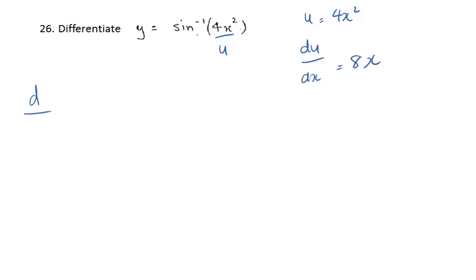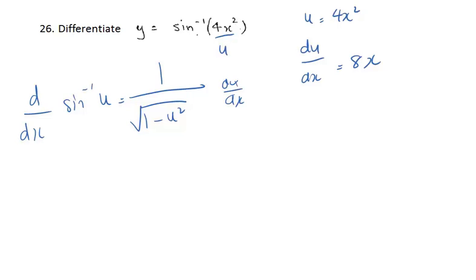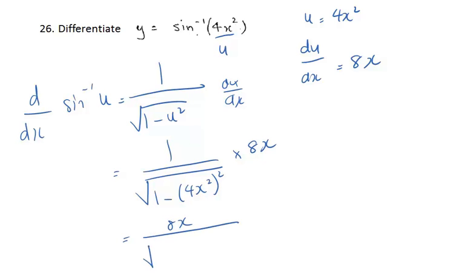So our formula is d on dx of inverse sine of u is 1 on the square root of 1 minus u squared, times du on dx. So here we're going to have 1 on the square root of 1 minus 4x squared squared multiplied by 8x gives us 8x on the square root of 1 minus 4 squared is 16, x to the power of 4.